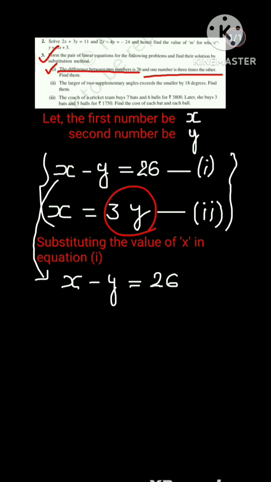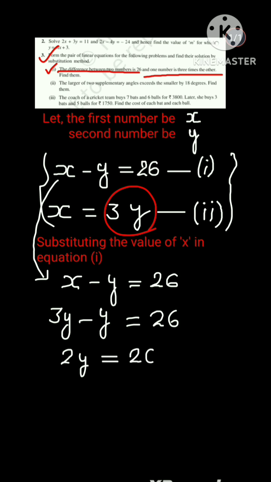So just put this value in equation 1. So we can write here 3y minus y equal to 26. 3y minus y, we will obtain 2y equal to 26.